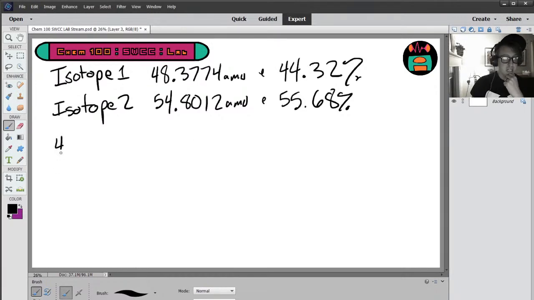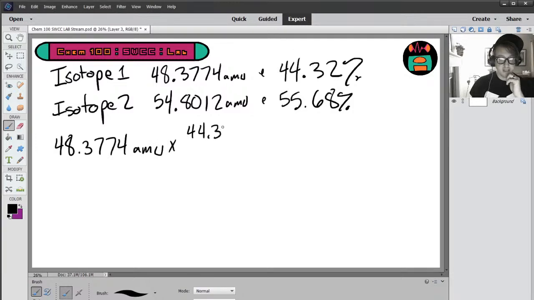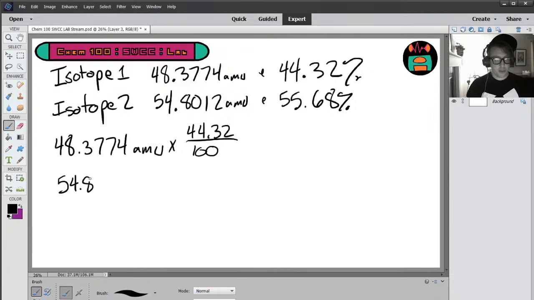To get the decimal, you have to divide the percent by 100. We're going to do this for both isotopes, and then we're going to take a sum.